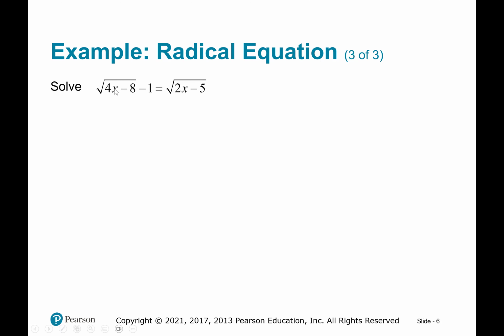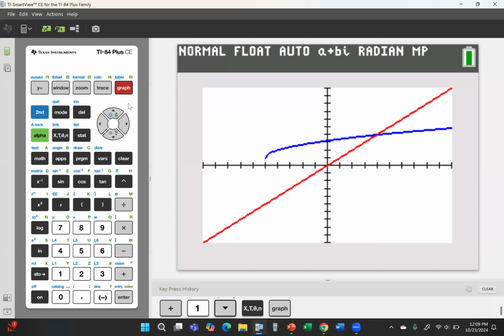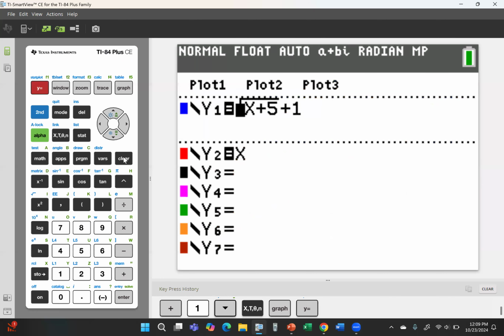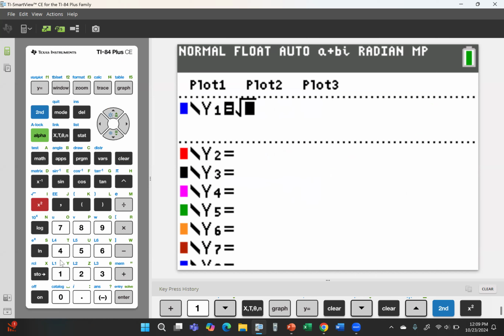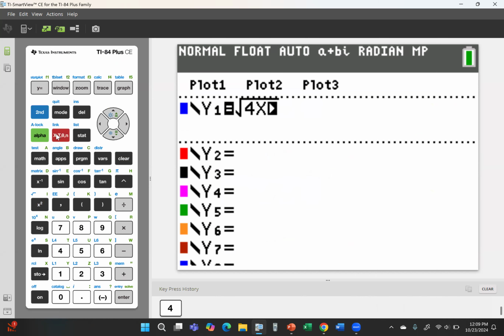So I'm going to put the square root of 4x minus 8, minus 1 in y1. I'm going to put the square root of 2x minus 5 in y2 and see where they intersect. So on the left-hand side of the equation, we had the square root of 4x minus 8, arrow out of that radical, and then we had minus 1.